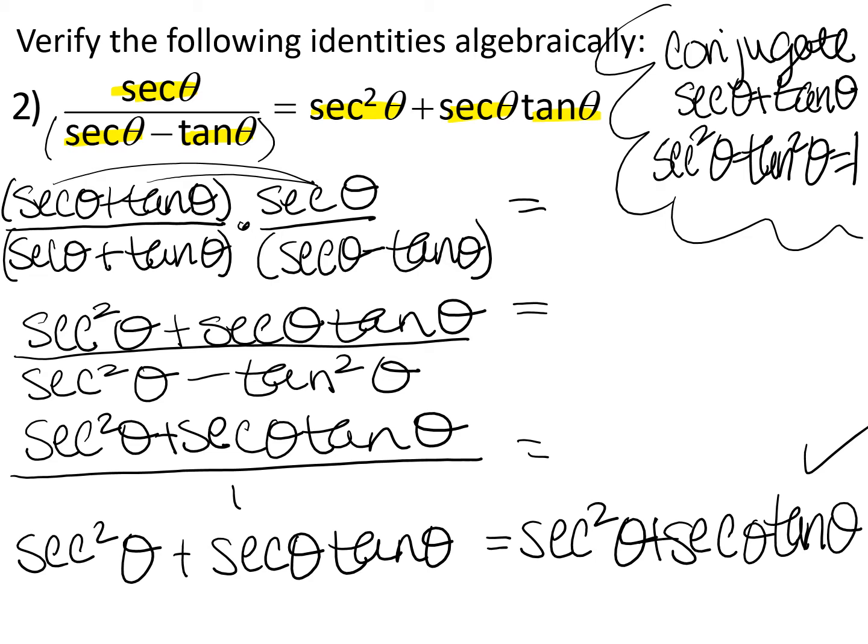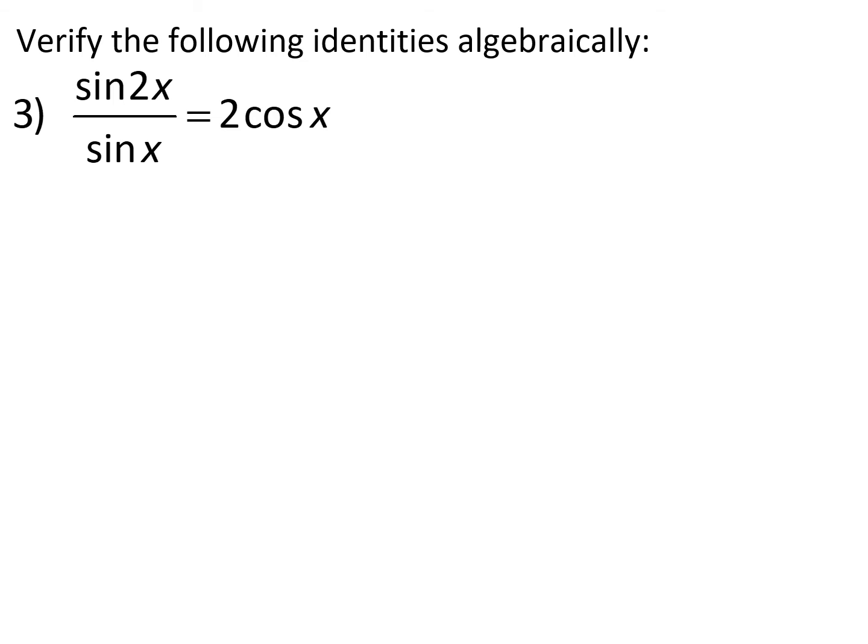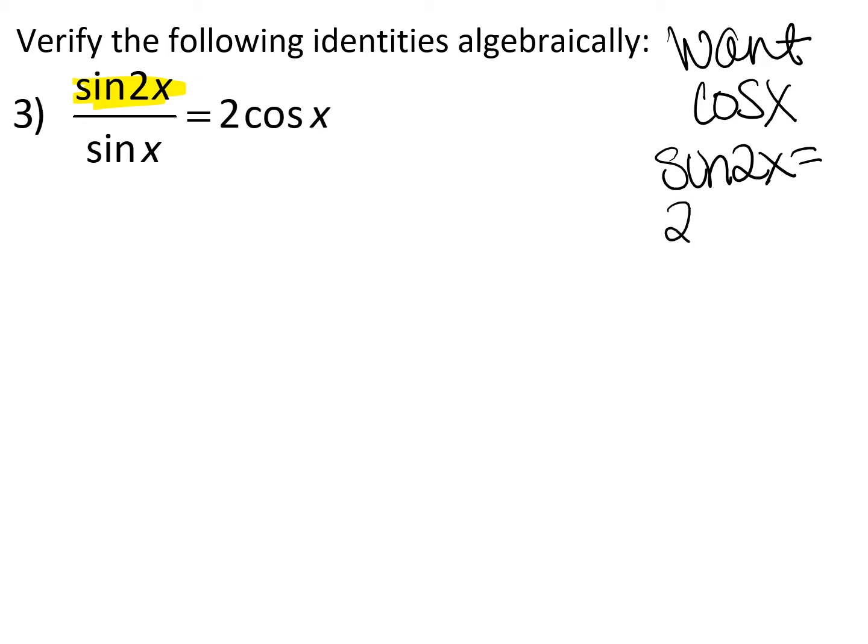Okay, let's move on to number 3. Again, I want to manipulate one side. I see that I want a cosine, which means I need to get rid of sine. So I do have a double angle here, which you have to be careful with. So a double angle, there's only one identity for that one, for the sine, and it says that sine 2x is equal to 2 sine x cosine x.